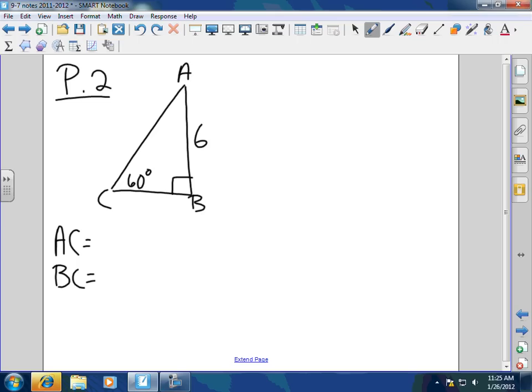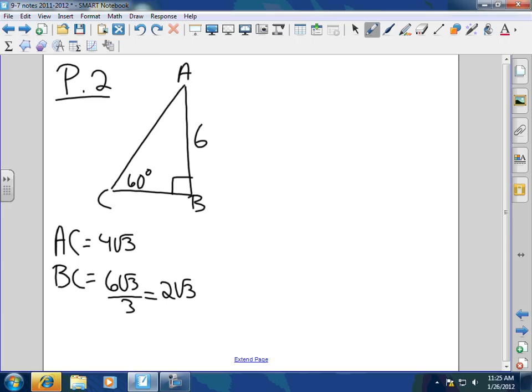I was given the opposite side of the 60 as a whole number. So, what would BC be, the small side? 6 radical 3 over 3, which equals 2 radical 3. And what would the hypotenuse equal? 4 radical 3.